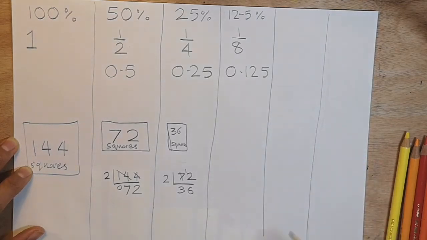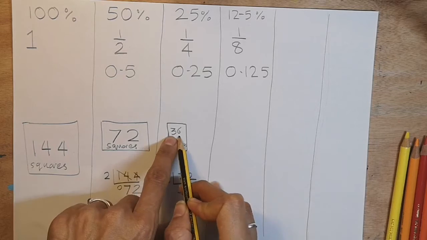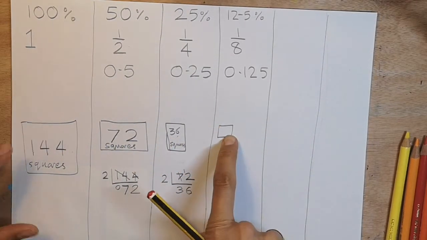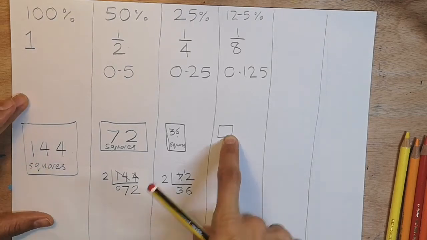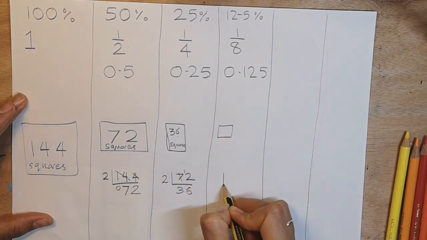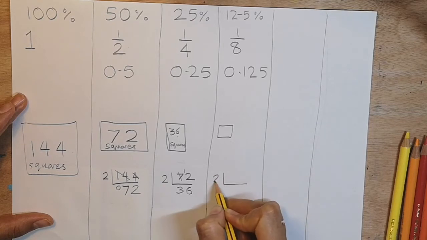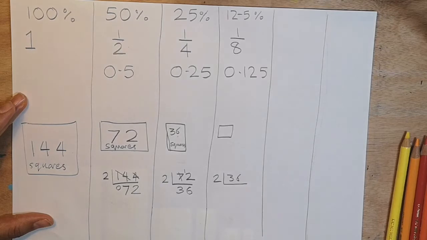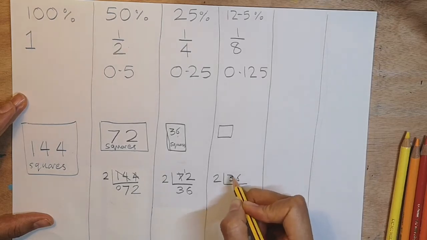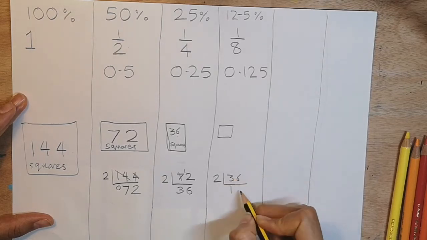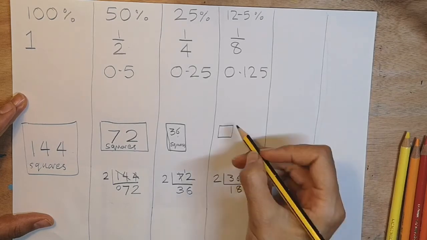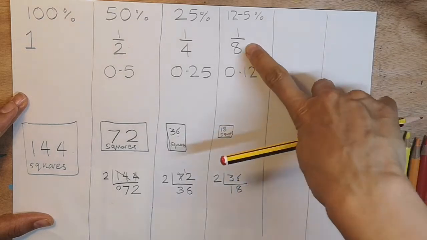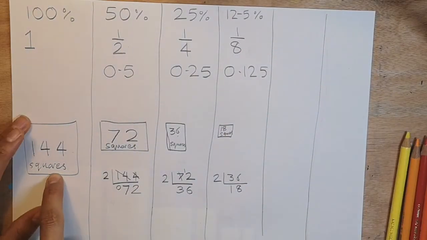So now we want to halve 36. That would give us 1/8 of 144. So again, I'm going to divide 36 by 2, and that gives me 18. So now it's 18 squares, which is 1/8 of 144.